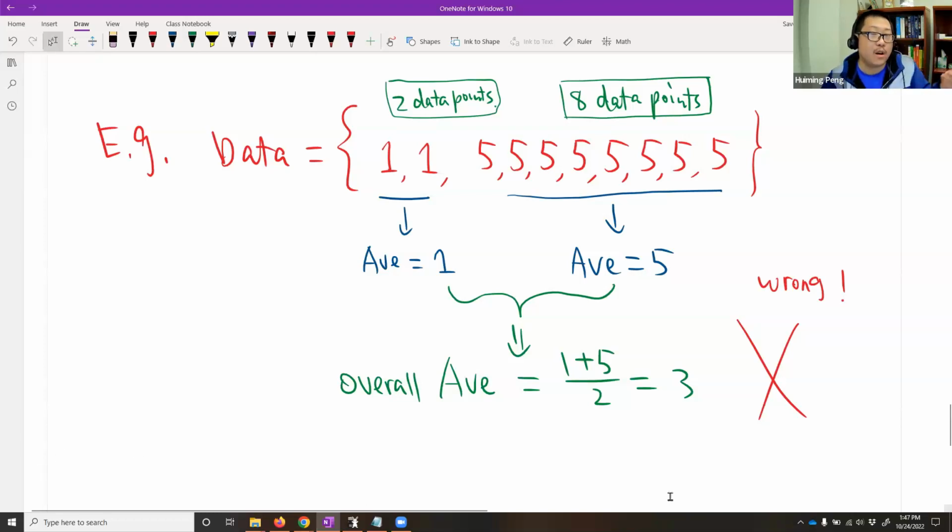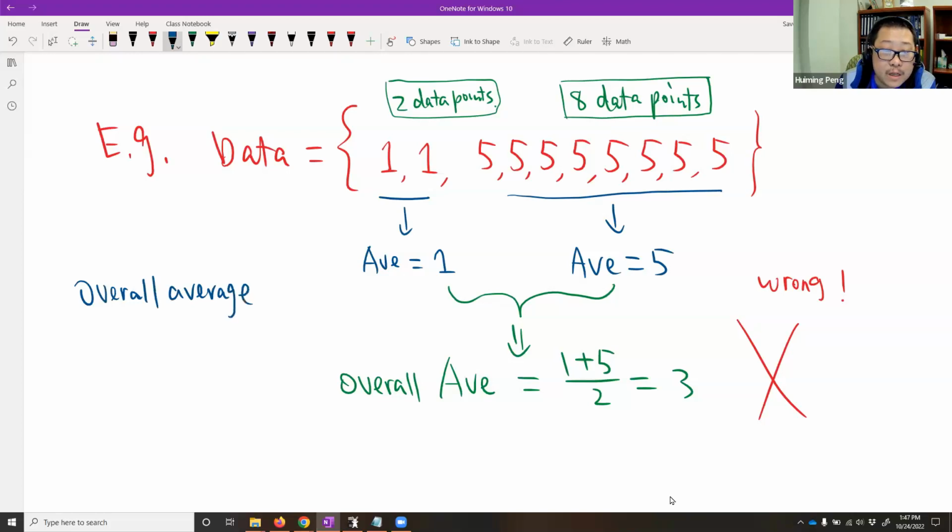So therefore, what is the overall average? So we can calculate the overall average. Think about it. The overall average should be the sum over n, which is the number of the data points in total.